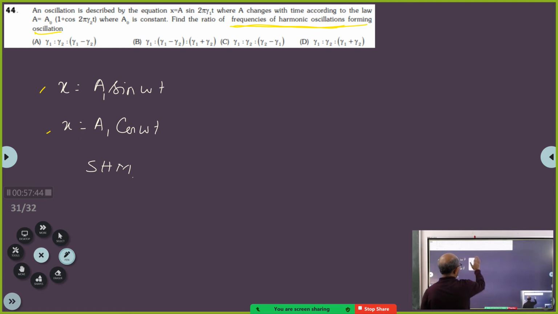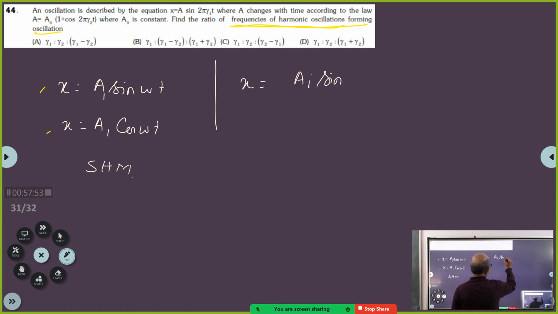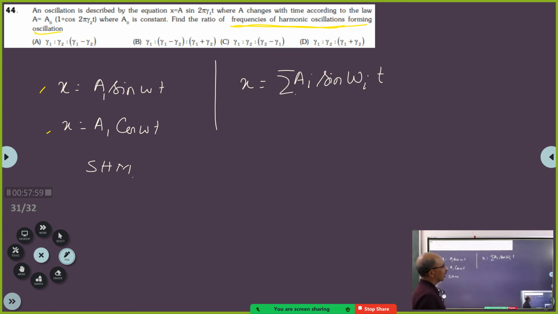Now, supposing x is described as the summation of Ai sin omega i t, with i going from 1 to n. I hope you can understand the expression of this.